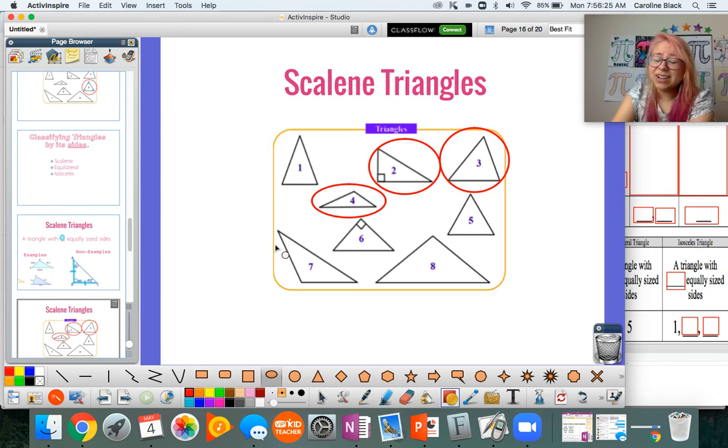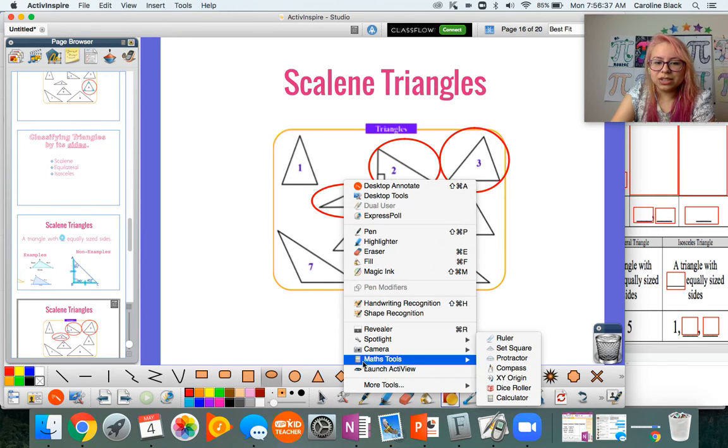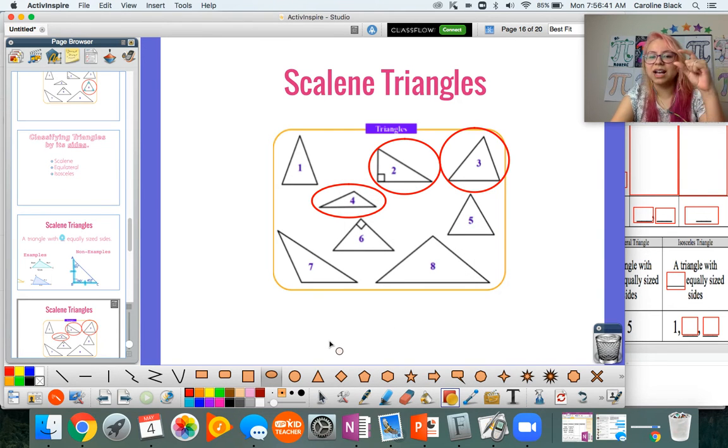And then I had a hard time figuring out, what other one? I had to bring out a ruler. Now, some of you might not have this if you're doing it digitally, but I used a ruler to measure the size of the sides, because I was like, well, 7 looks like it has different side lengths.